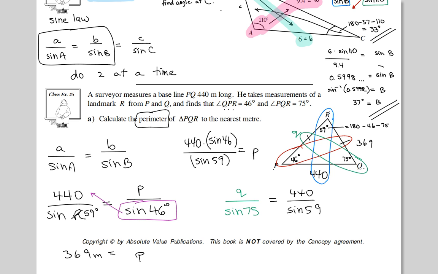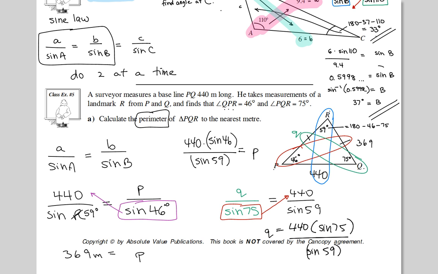Now for this one, how to isolate for q? Throw it up there? Okay, awesome. So q is going to be 440 times the sine of 75, all divided by the sine of 59. On my scientific calculator, I'm wrapping brackets around sine 75 like I have on the page.